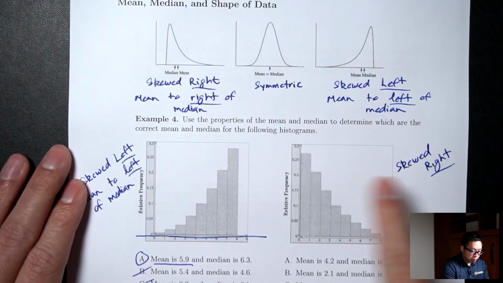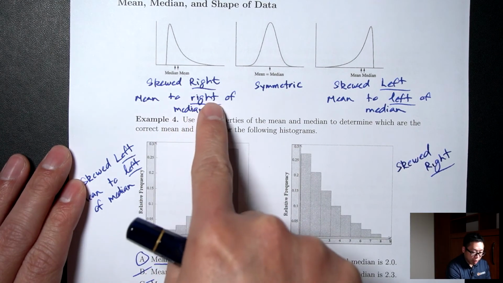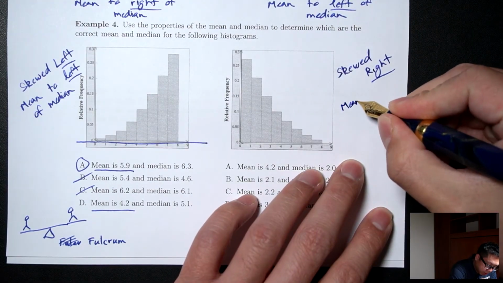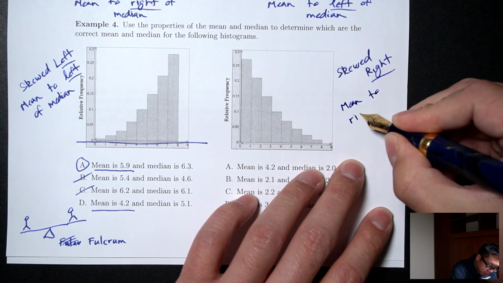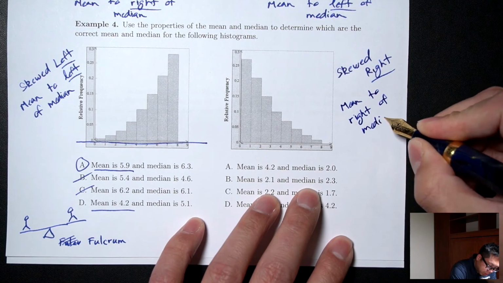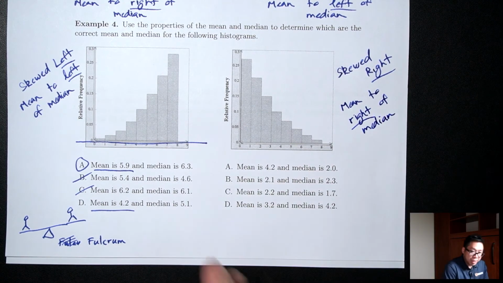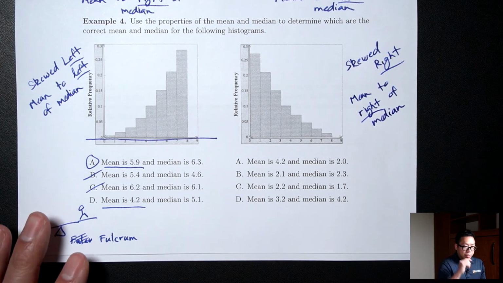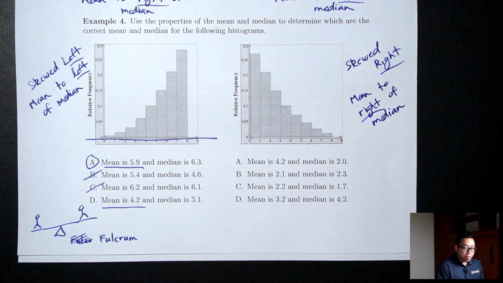Skewed right, the mean should be to the right of the median. Being to the right means being bigger. So the mean should be bigger than the median. Now, you should be able to eliminate two of these because the mean is not to the right of the median. So which two can we get rid of?